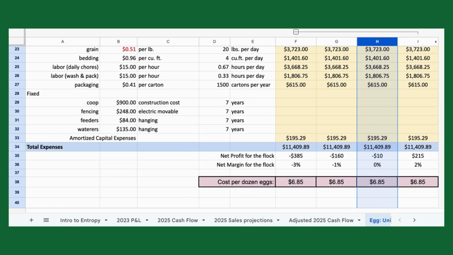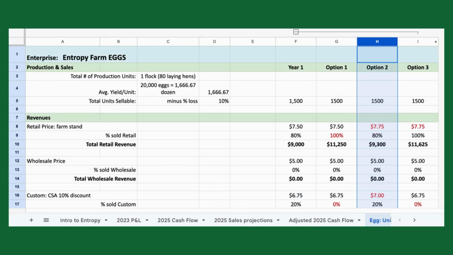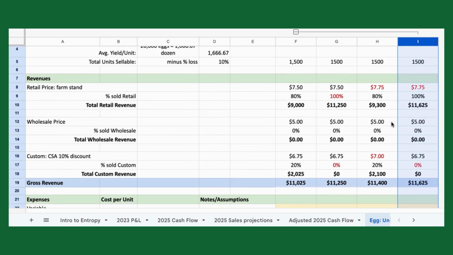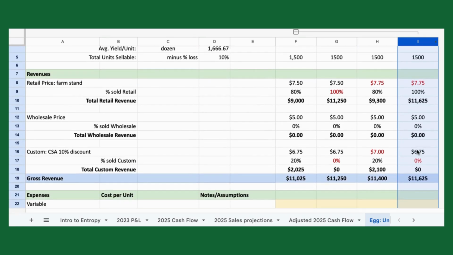That's just another option. So let's look at one more option, option 3 in column I. And here I just did a combination of both those two things. I said, okay, we're not going to sell any eggs at a discount to CSA members anymore.